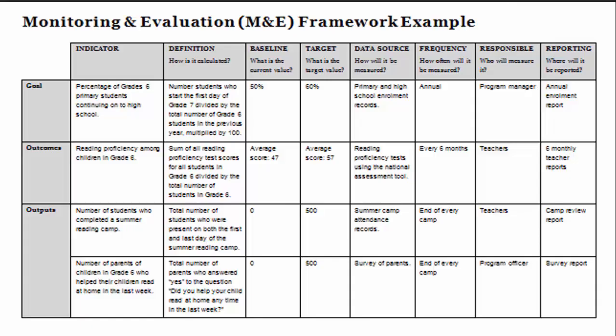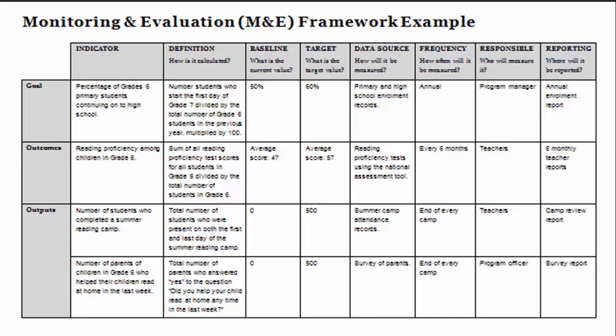This example of the framework, as you can see, you've got the indicators, you've got the definitions. I don't usually put the definition because you'll find it in the indicator reference sheets. But for some formats, you'll find that the definitions are there.